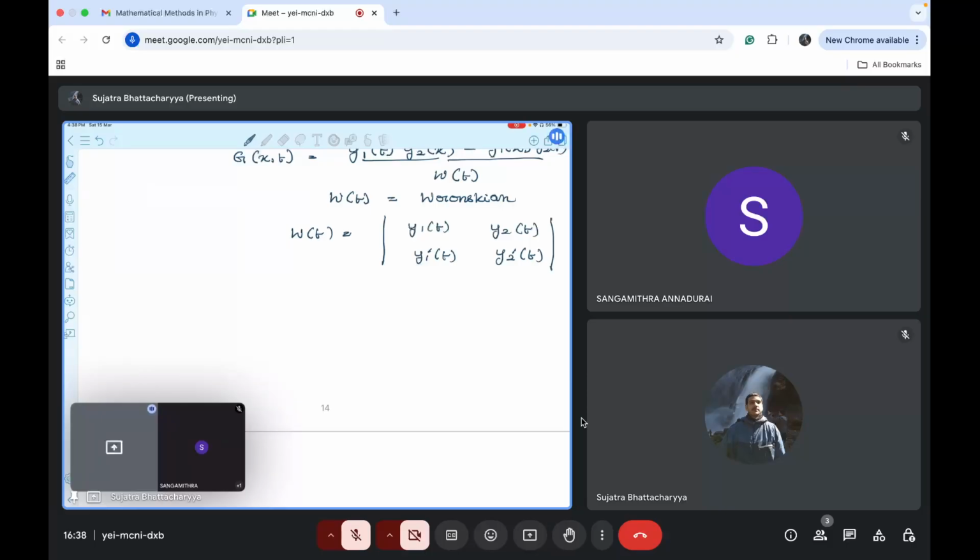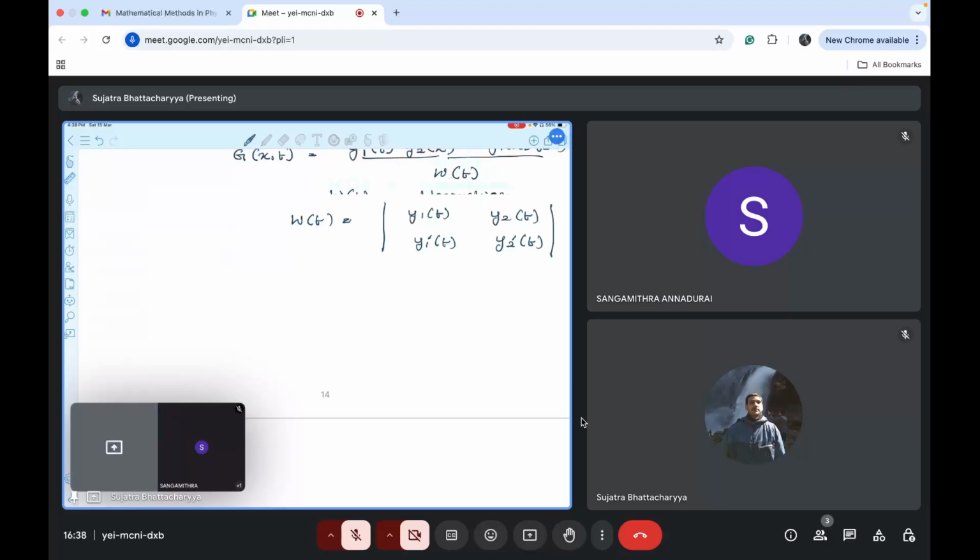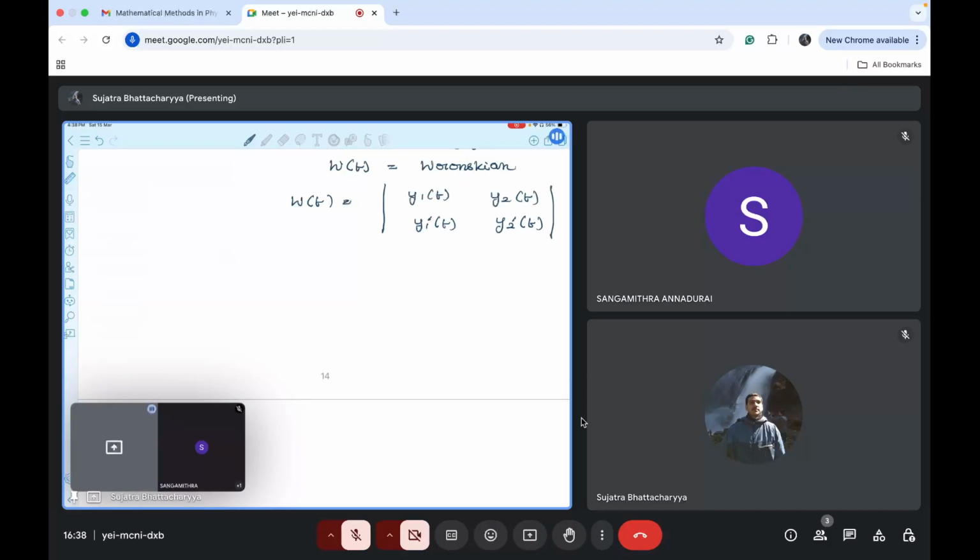Now what we will do is write the particular solution yp of the ODE, because the complementary solution you know how to calculate.